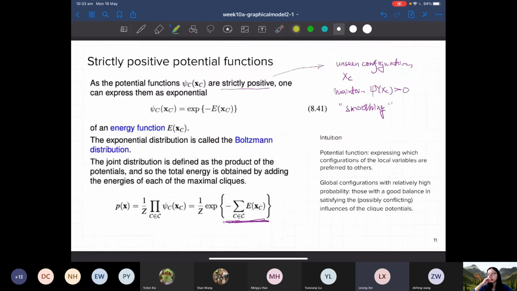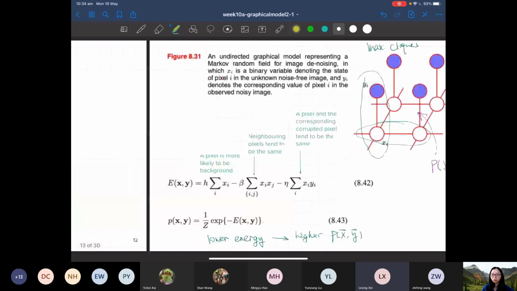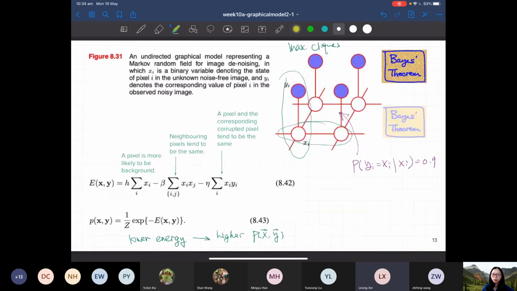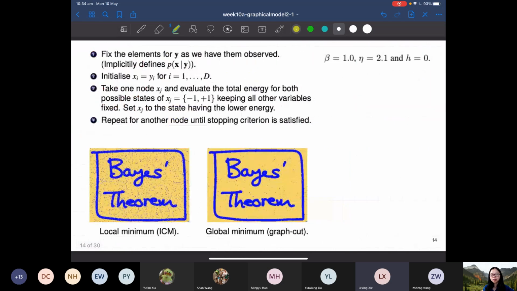So we need to strike a good balance between the conflicting influences of the clique potentials. In this case, preferring neighboring pixels to be the same, and also preferring the noisy pixel and the clean pixel to be the same. So now, given this design of the model, let's do inference. I say inference because we're assuming that someone has given us the betas and etas.